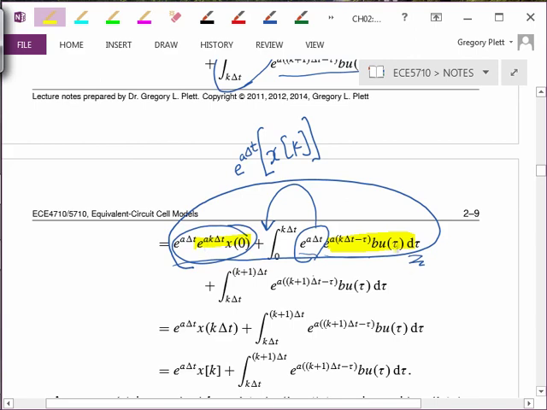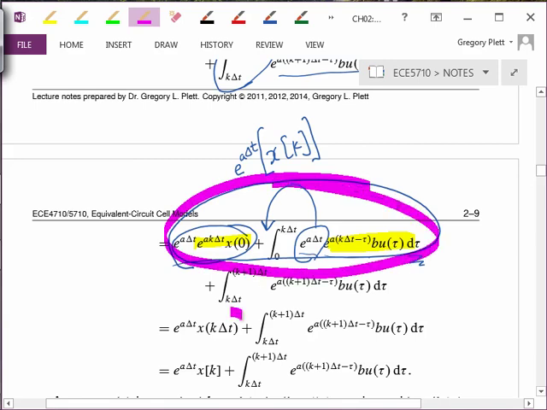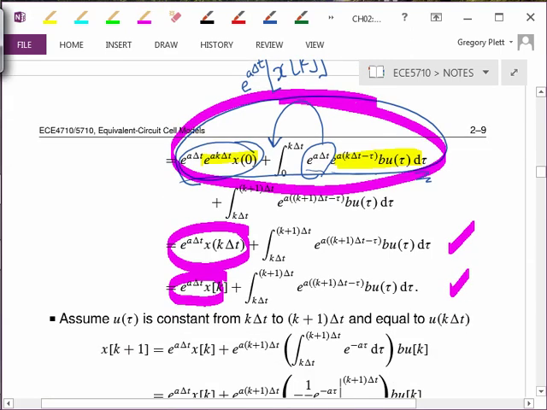So all of this gets collapsed to e to the a delta t times x of k delta t, or just x of k, which is where it goes in the next equation. The second integral I'm leaving alone temporarily, so there's no change there.